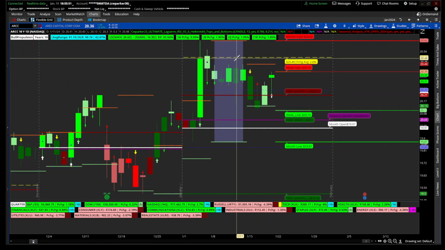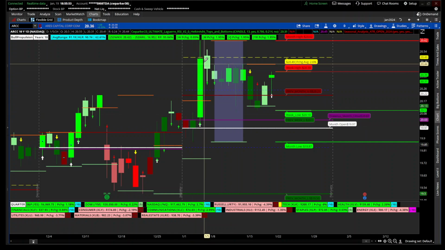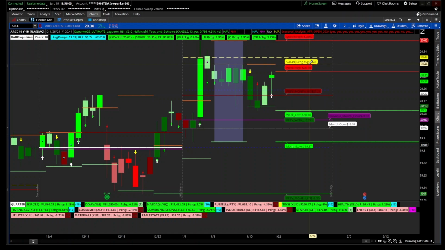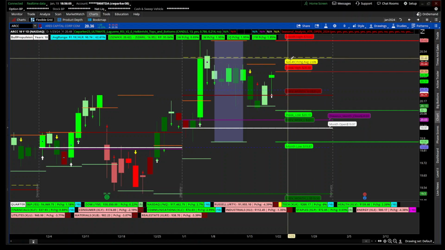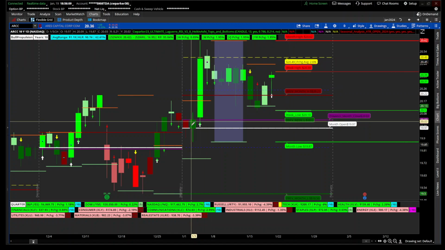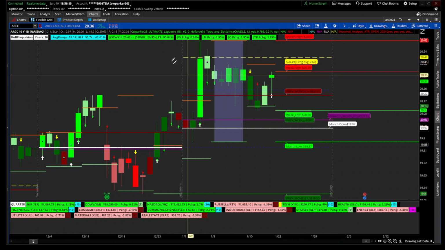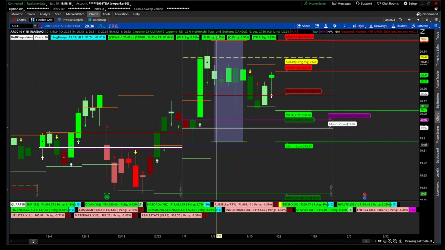So it already hit from its open its average percent change of 2.6%, which is 20.49, and you can see from the open 19.97. So that's where we are with this stock.